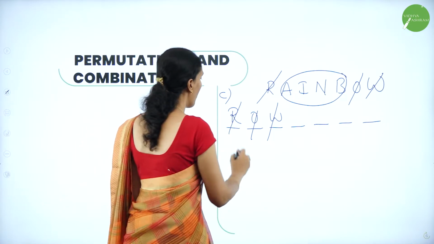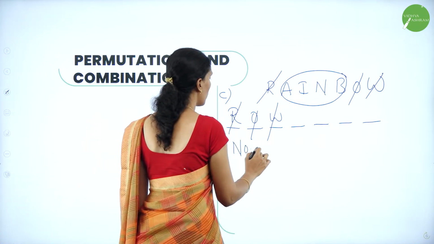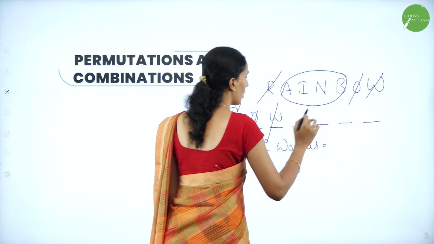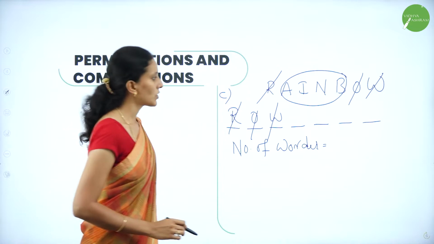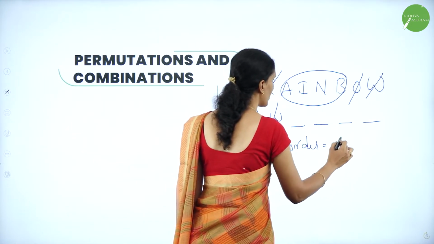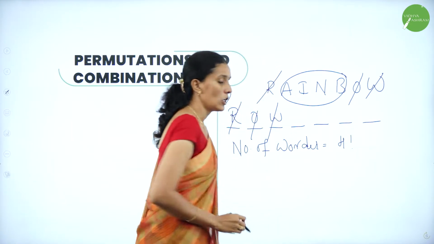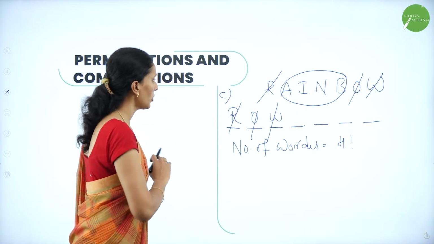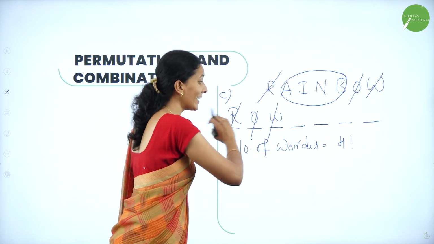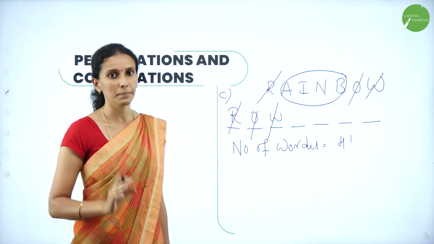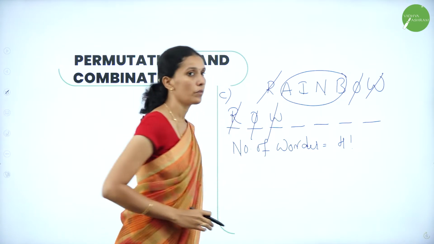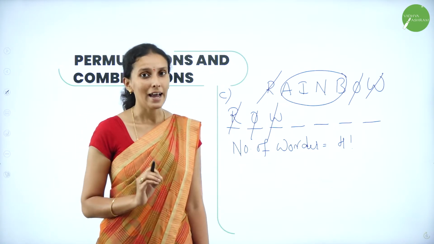So the total number of words that begin with row is also 4 factorial. This is very simple. Just use simple logic. You cannot count the letters which are fixed in a particular place. You can count only the letters which can be used for the arrangements.